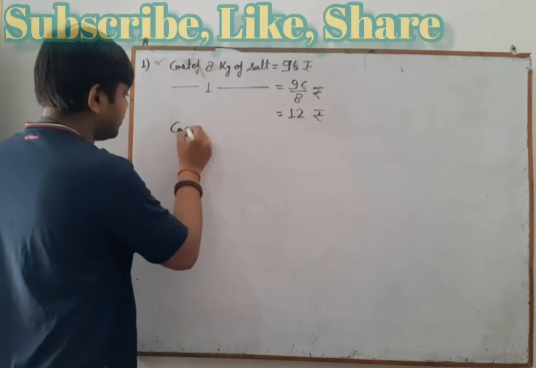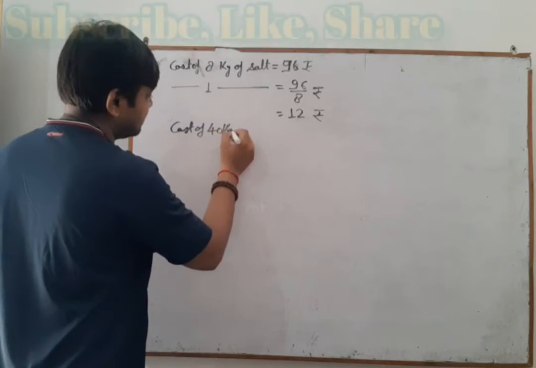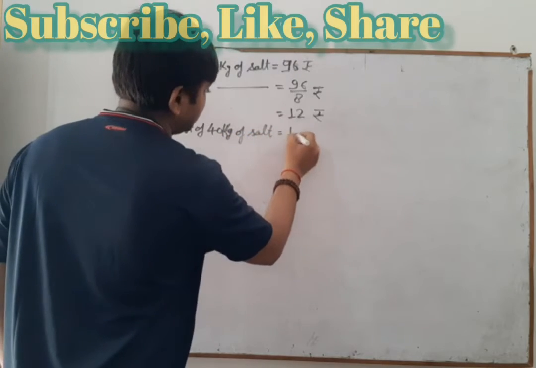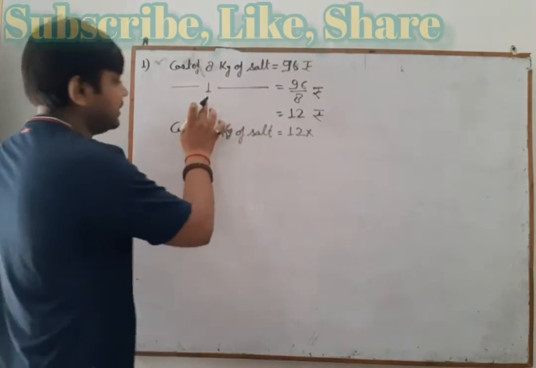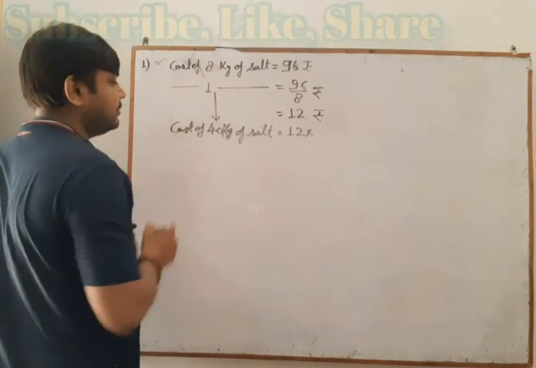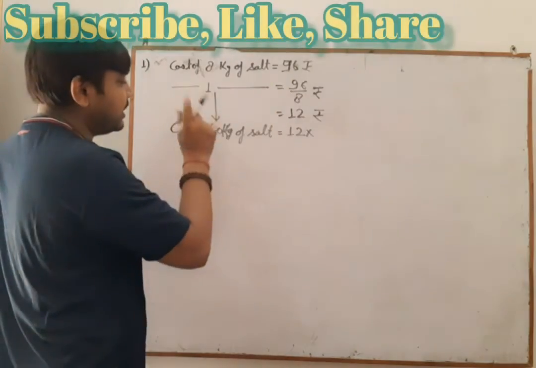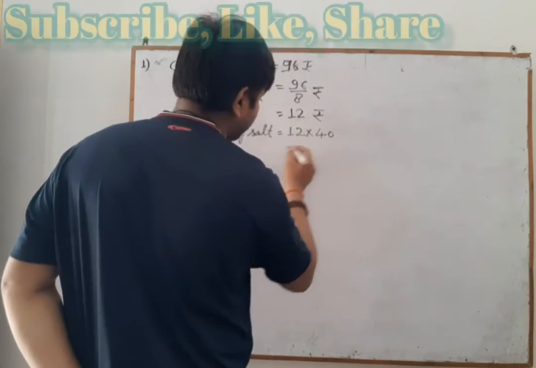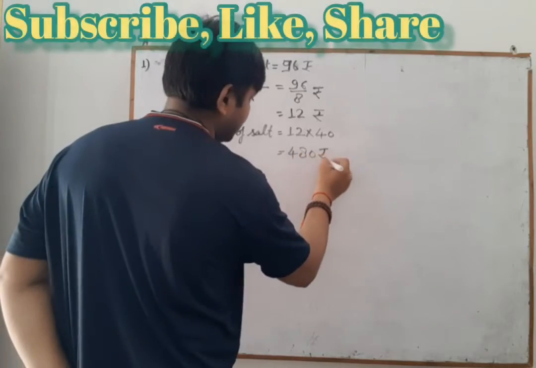So the cost of 40 kg of salt is equal to 12 into 40. Now listen, here we are multiplying 40 to 1, so we are also multiplying 40 here. That gives 480 rupees.